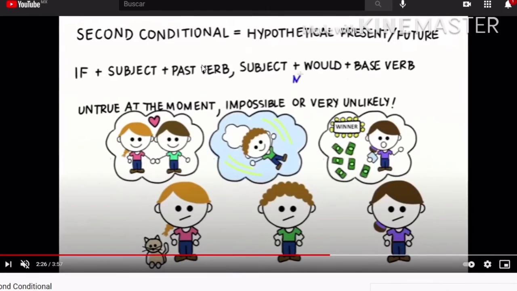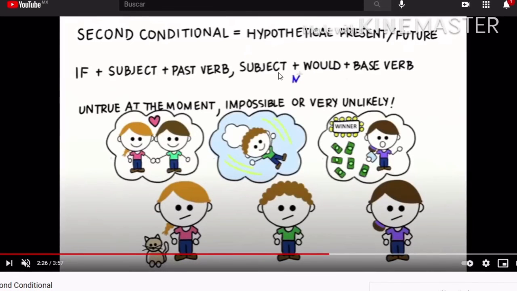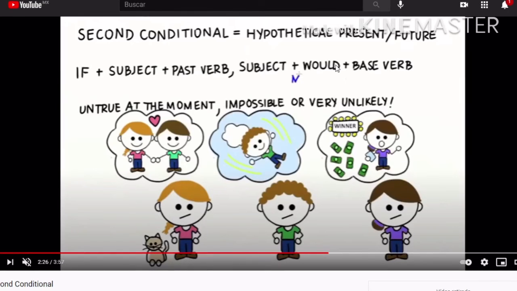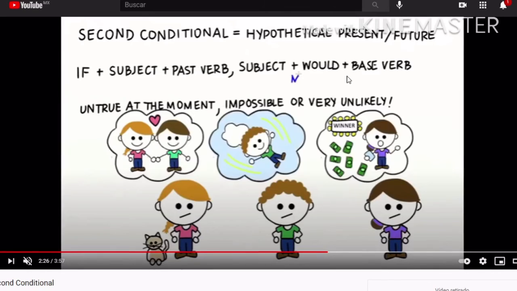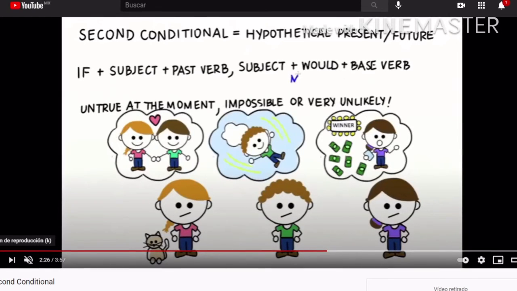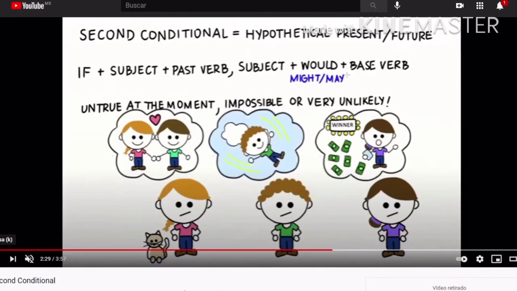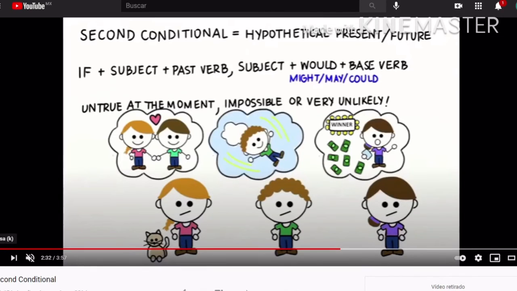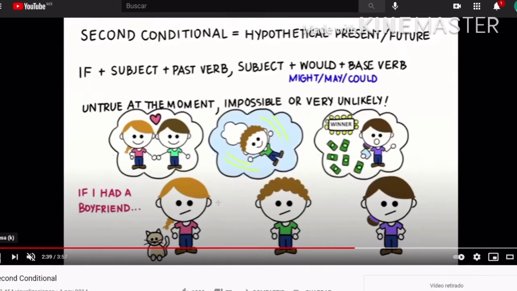In the first part, after if, I have to use past verbs. Then after the comma, I would use would with the base verb. But I can also use would, might, may, or could as the modal verbs.